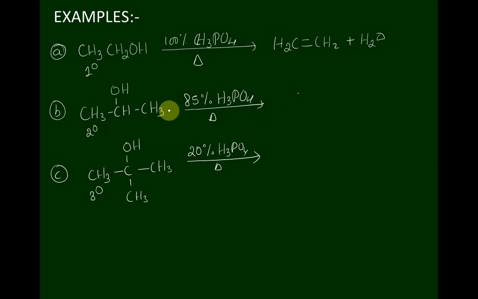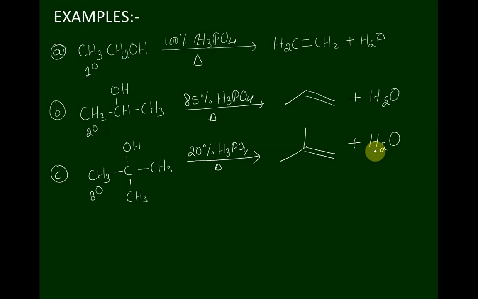When secondary alcohols are subjected to dehydration reaction by treating with phosphoric acid, we get the respective alkene with the liberation of water. Propene is obtained. Tertiary alcohols also undergo dehydration reaction in the presence of phosphoric acid to form water. Means in all the 3 reactions, alcohols get converted into alkenes due to the dehydration process or beta elimination process.